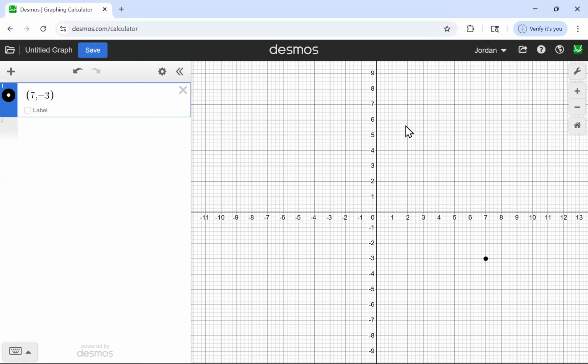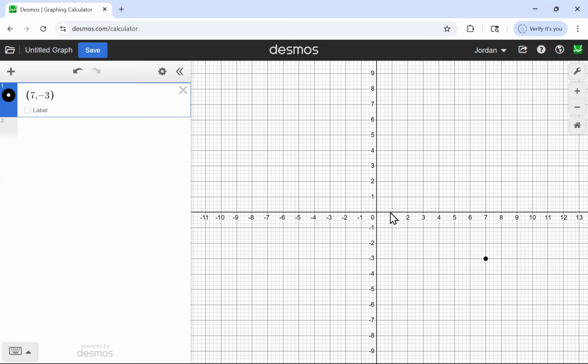You could have also gone down and to the right. And notice that the whole grid is basically made of rectangles, squares and rectangles, but a square is a special type of rectangle. So that's why we call it the rectangular coordinate system. The Cartesian coordinate system is actually named after a famous mathematician named Descartes.